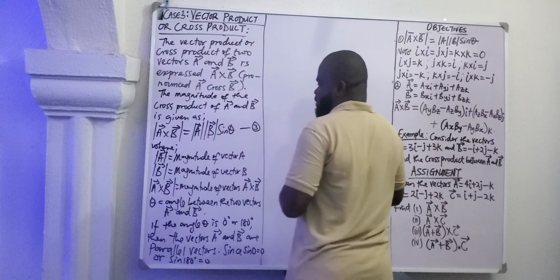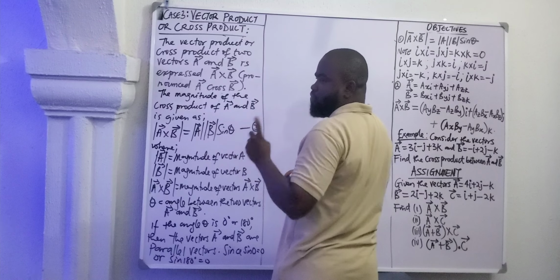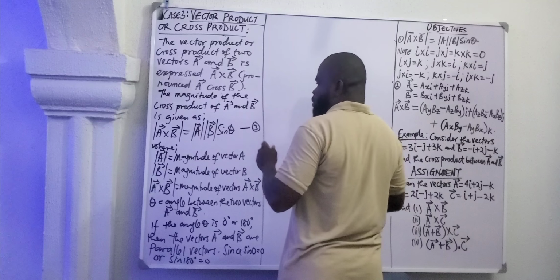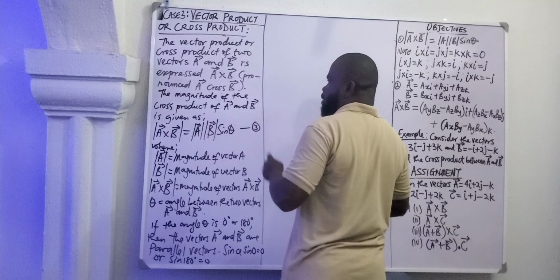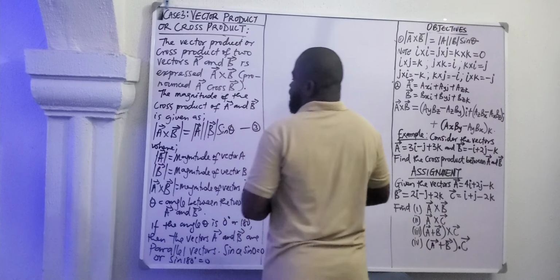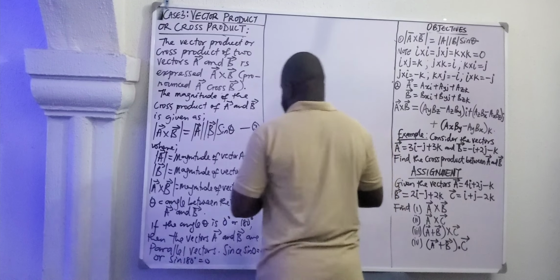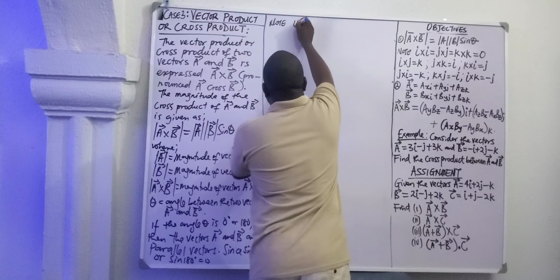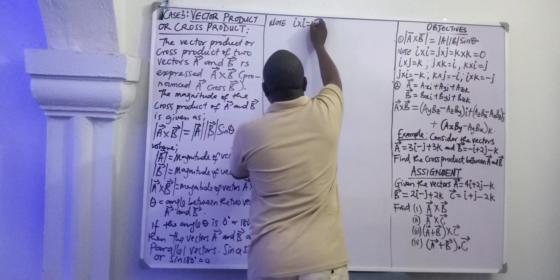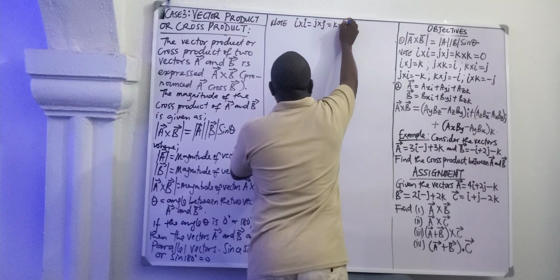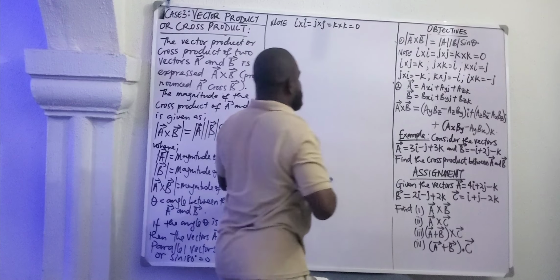Now, the implication of that is their unit vectors, I, J, and K, are also 0 to each other. So we note that I cross I, J cross J, and K cross K is equal to what? 0.